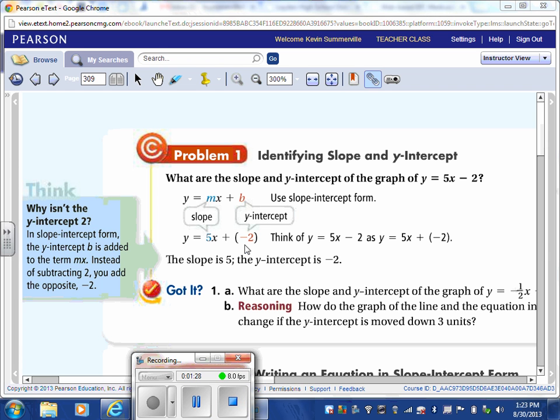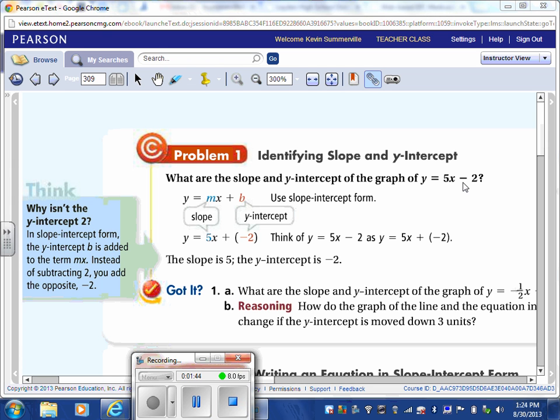So in the equation y equals 5x minus 2, you need to know that the slope is 5. It's the number next to the x. And the number by itself over here is negative 2.